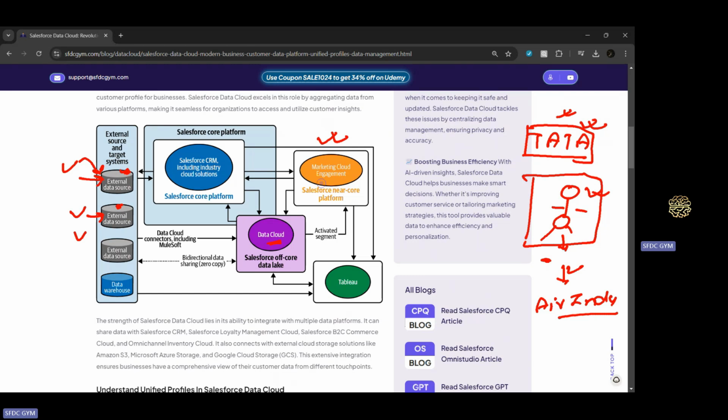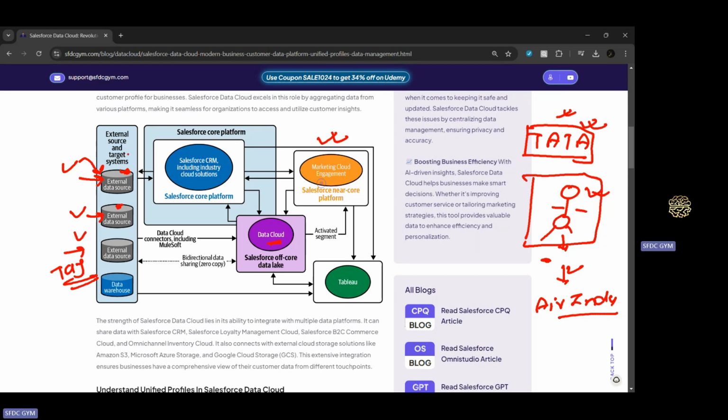Maybe what you can do as a data architect in Tata is start suggesting to this customer that, hey, in this country which you are flying to, you can also book a hotel, maybe Taj Hotel. So this type of information you can predict with the help of this entire Data Cloud architecture.